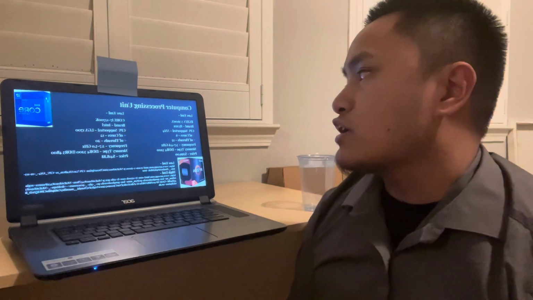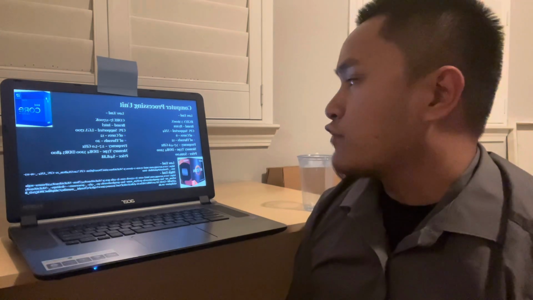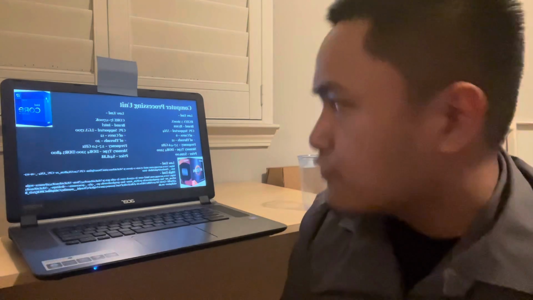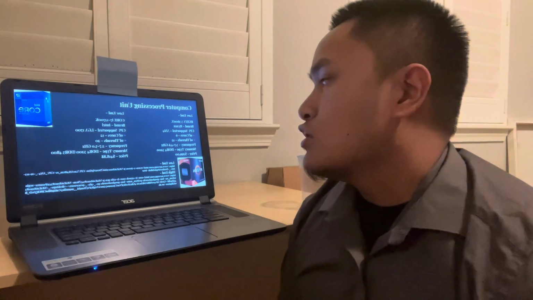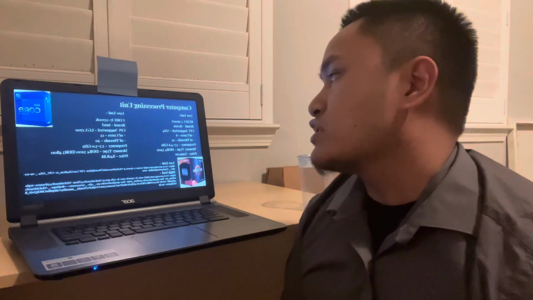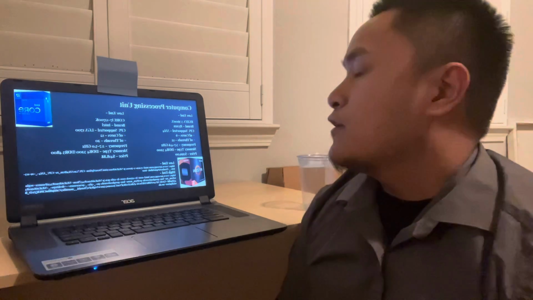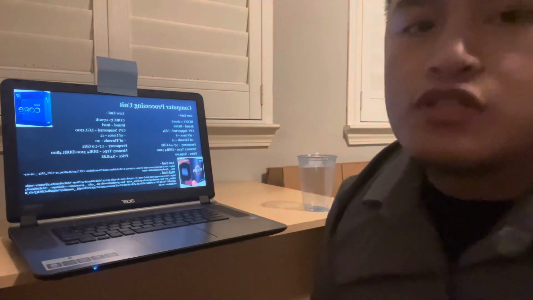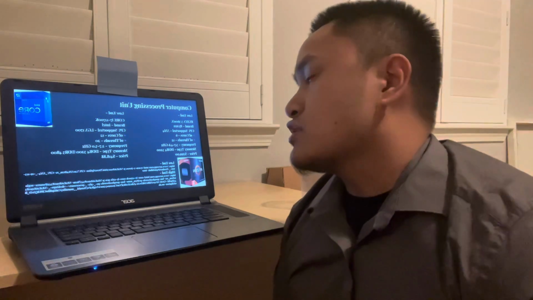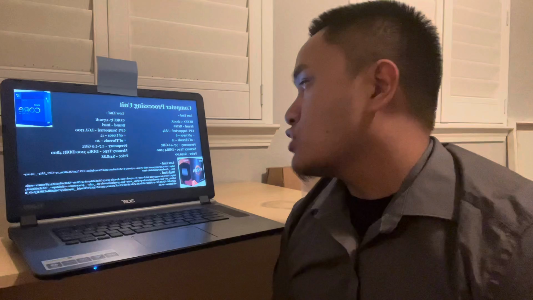And for the high end choice, I chose a Core i7 12700K CPU, and the brand is Intel, and the CPU socket supported is the LGA 1700.